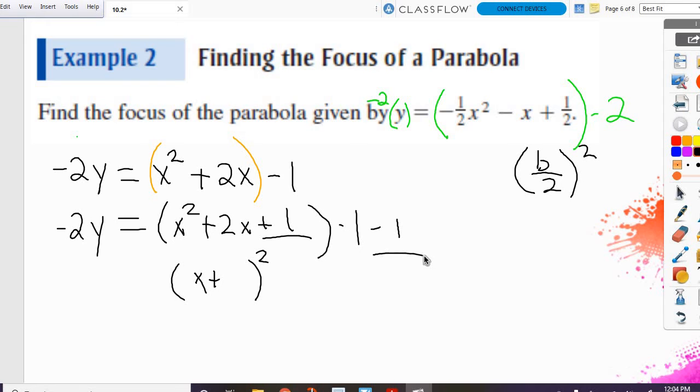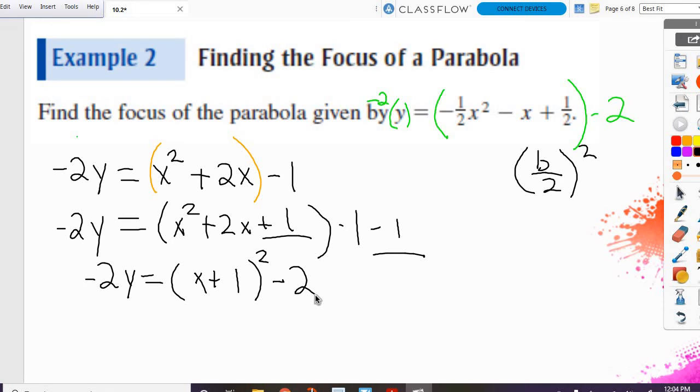Subtract a 1 on the outside in order to balance our equation. So now, what does x squared plus 2x plus 1 factor to? x plus 1 times x plus 1, which is the same thing as x plus 1 squared. And minus 1 gives us negative 2.